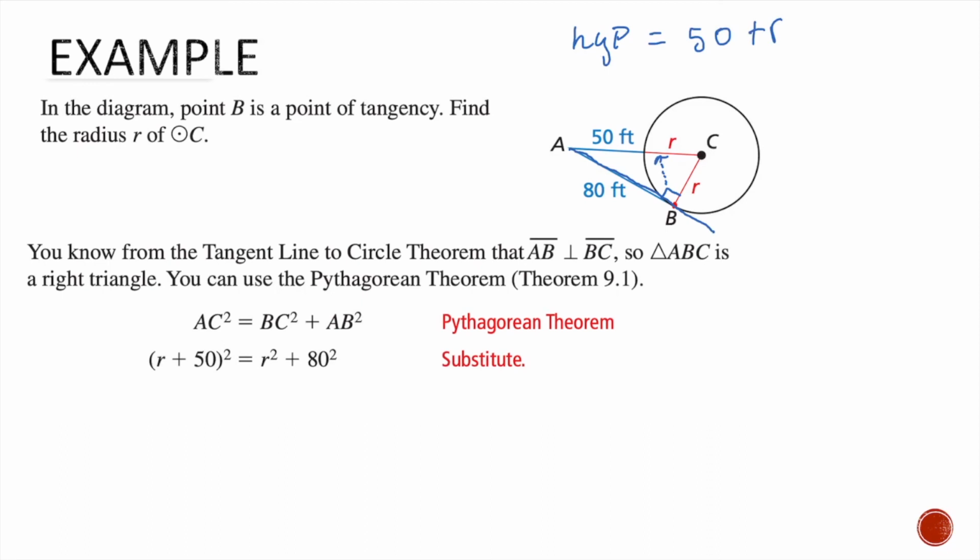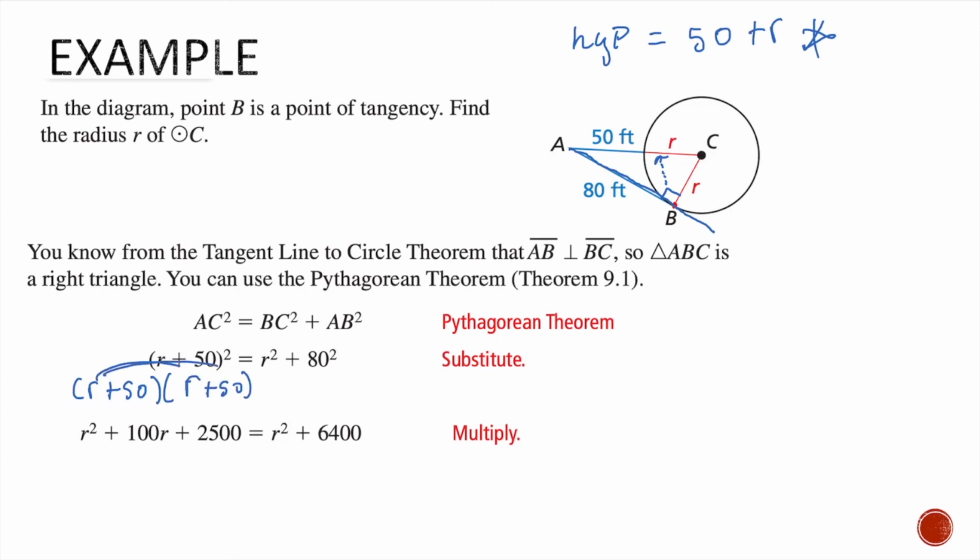Substituting the values here, you'll see (r plus 50) squared, the hypotenuse, is equal to r squared plus 80 squared. Solving for r, remember, it's (r plus 50) times (r plus 50). And then we're going to use the FOIL method to get to the next statement you see below.